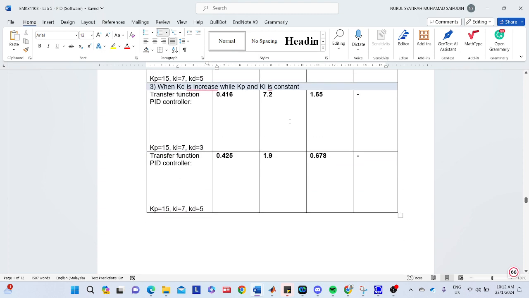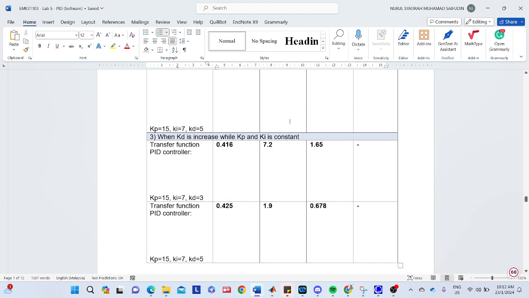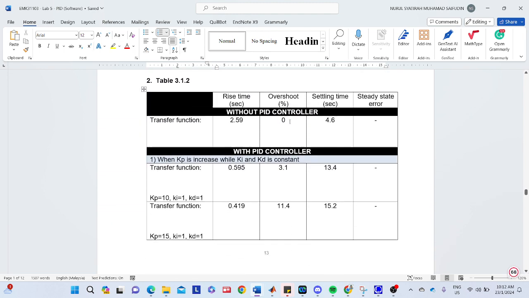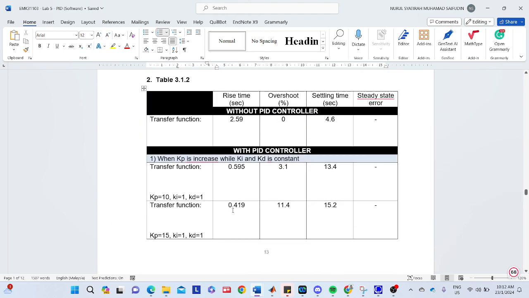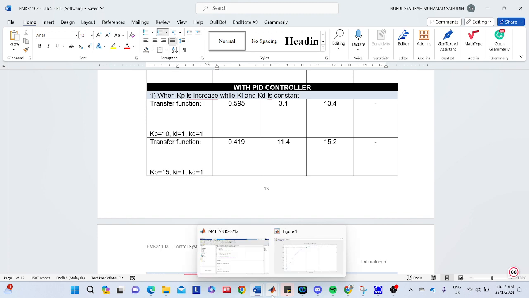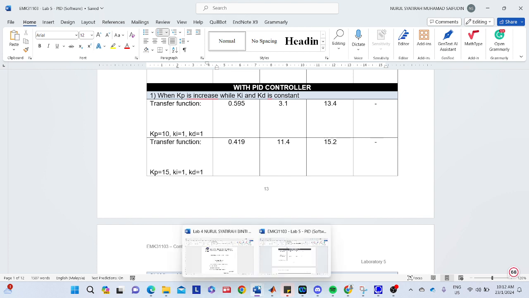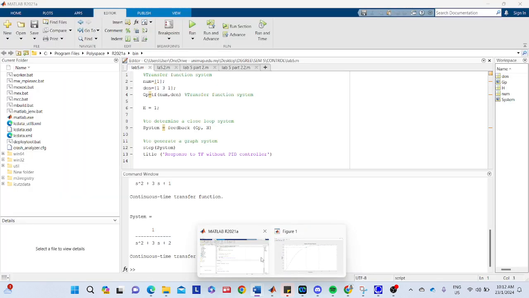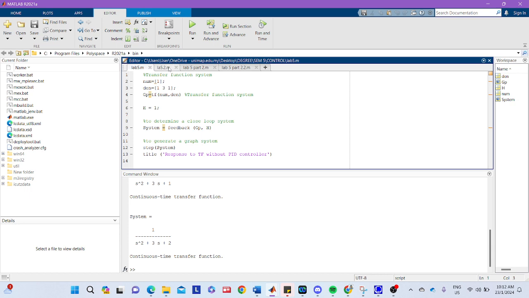Lastly, Kd is increased while Kp and Ki are constant. I will only show one example because the others use the same method.